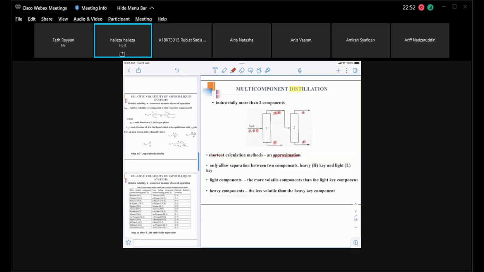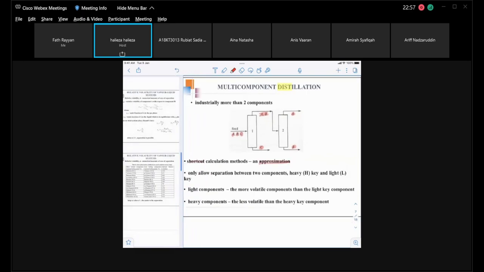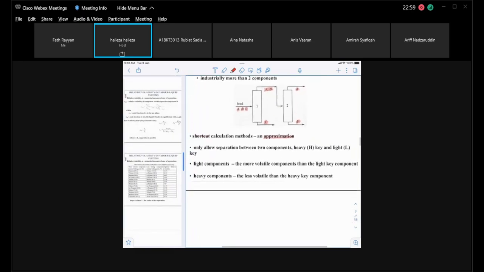We need to define certain terms first. We will give the term heavy key. Let me start all over again.